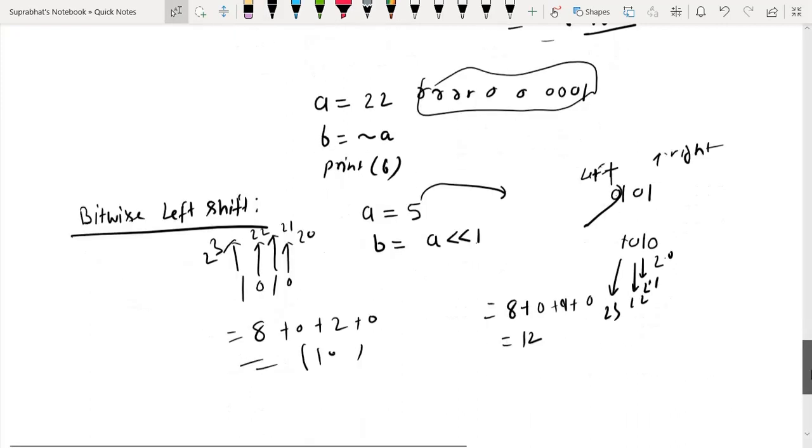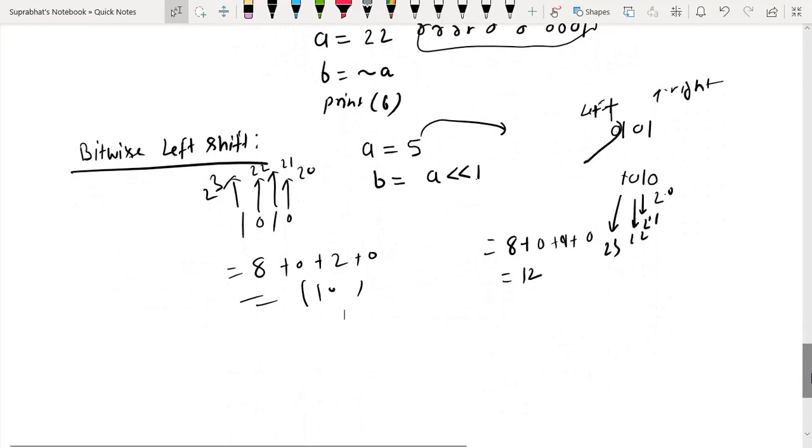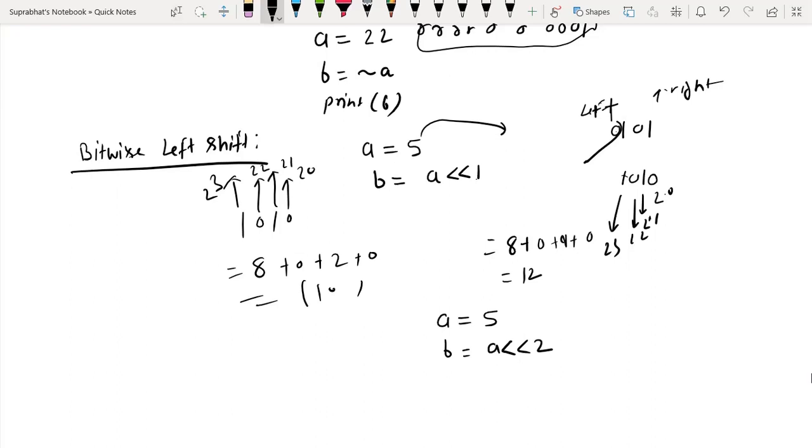Again, second example: if I am taking a equals 5 again, and b equals a left shift 2, it means from the left side 2 bits are shifted. What does it mean? 0 1 0 1 0 1 0 1.